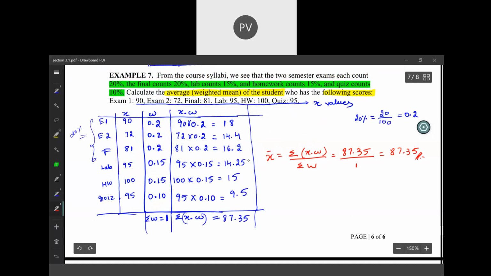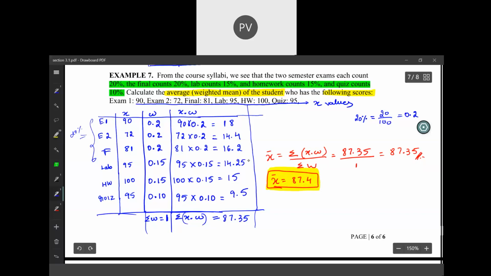Now for the mean, there must be only one decimal place, so round it off to the nearest one decimal place, not to the integer. So your x bar is equal to 87.4. This is the final answer.